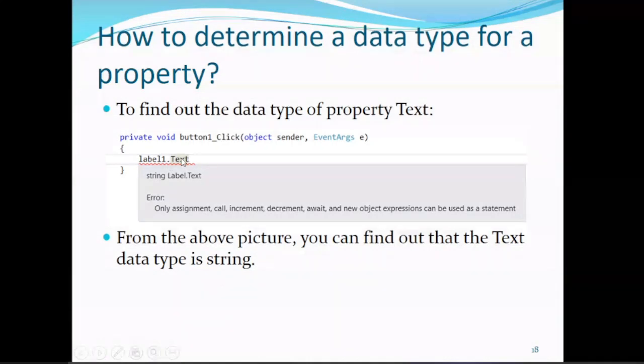If you select this, you will know what data type it takes. To find out the data type of the property text, highlight it and it will show you the data type of the particular property. From the above picture you can find out that the text data type is string.